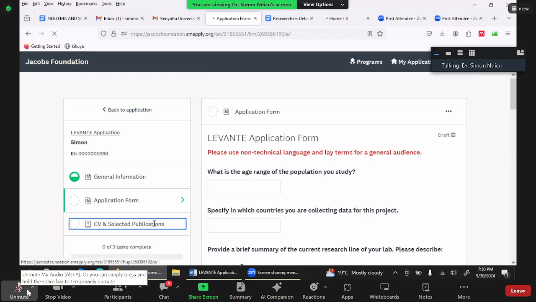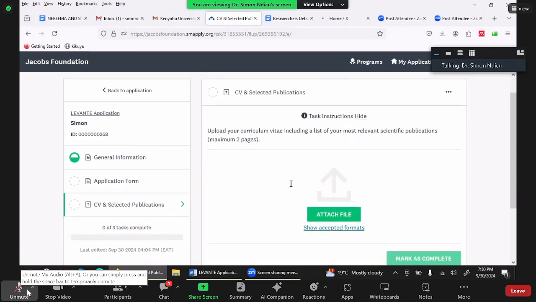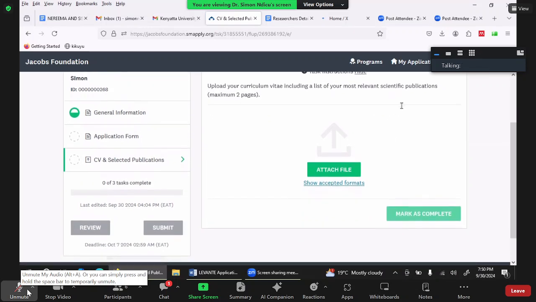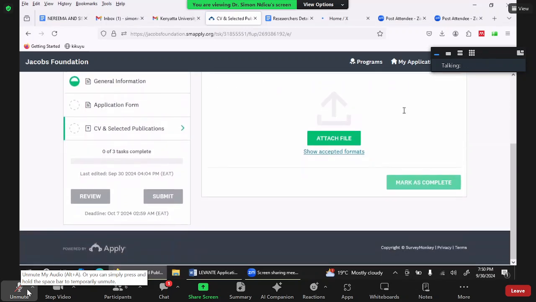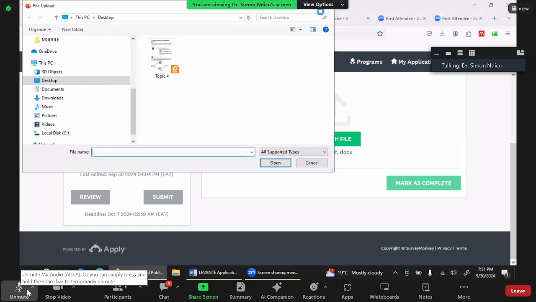So for the CVs part, they're just asking you to upload your curriculum vitae, including a list of your most relevant scientific publications. So just that, and then you attach the file here. So they are showing that is just what is accepted. Let me try to attach. They're just asking you to attach the CV and the publications there.